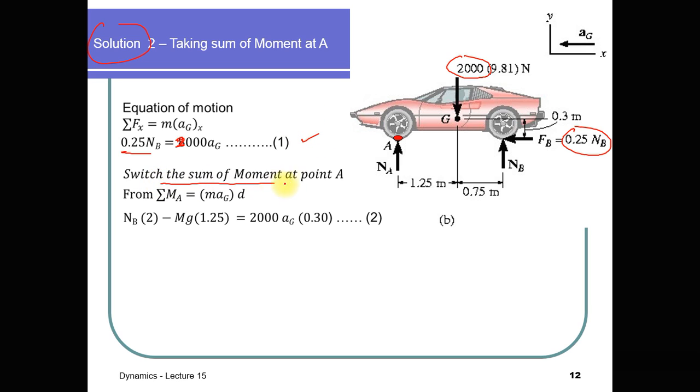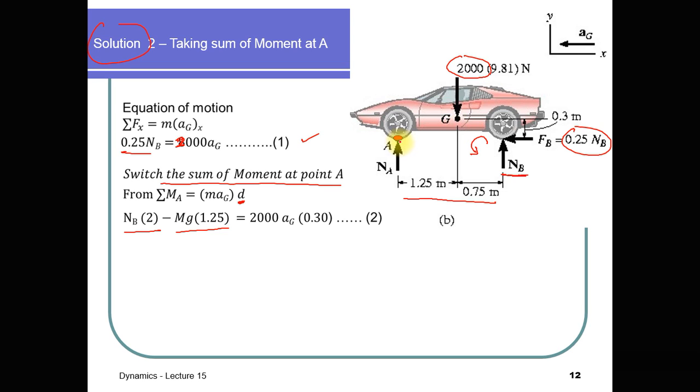When we take the sum of moment at point A, the sum of moment at A equals m a_G times d, the offset distance. The first term is N_B times 2 meter. The second is minus mg times 1.25, with mg pointing downward.